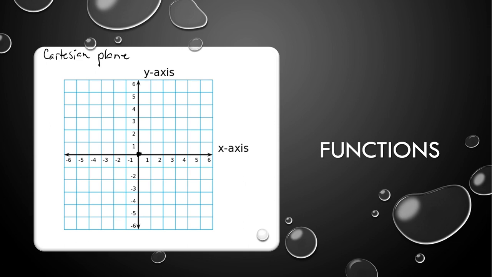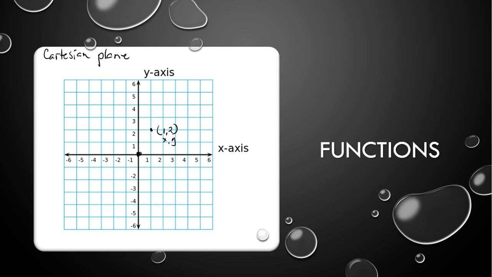For example, if we have 1 and 2, this is the point (1, 2). As you can see, we have a pair of numbers. Then the pair of numbers is called the x and y coordinate. In your GPS, in our maps, we always use the x and y coordinates. We have the latitude and the longitude.